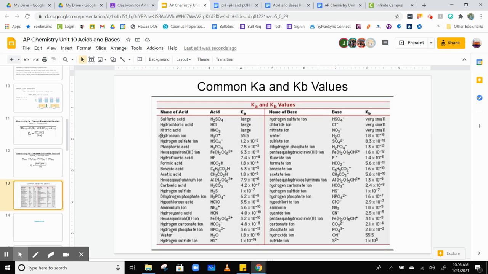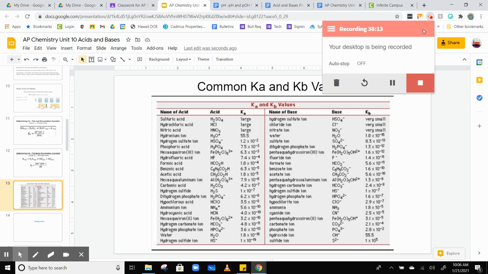So the strong acids are on top here, the stronger acids, and the stronger bases are on the bottom here. Okay, and that's it. Stop there. We will talk about strengths of acids and bases.